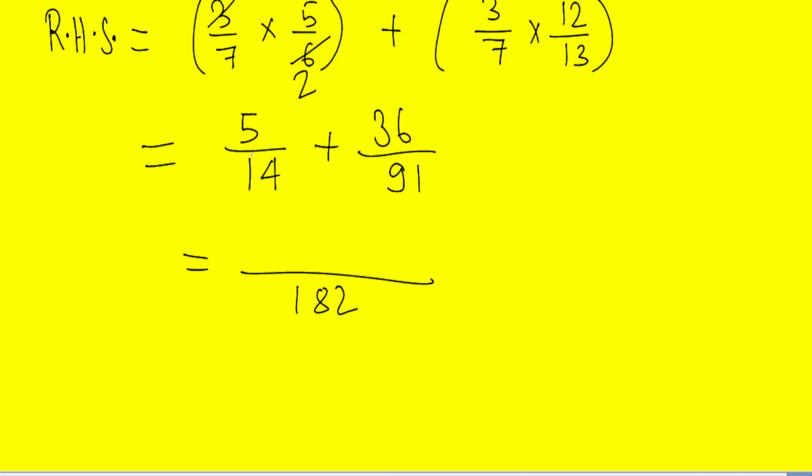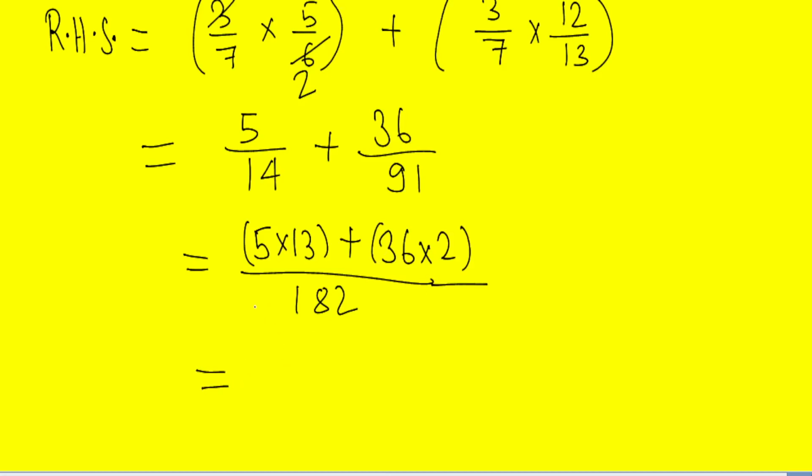Now for 14, when we divide 182 by it, the quotient is 13. So we will multiply 5 with 13, plus when we divide 182 by 91, the quotient comes as 2. Okay, so we will multiply 36 with 2.